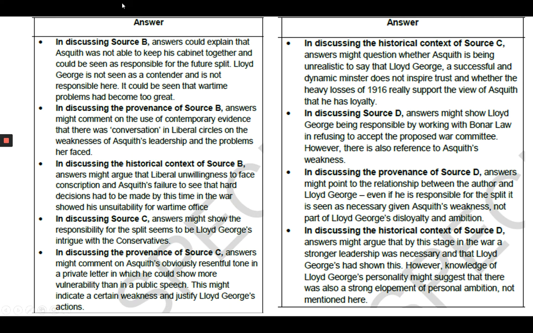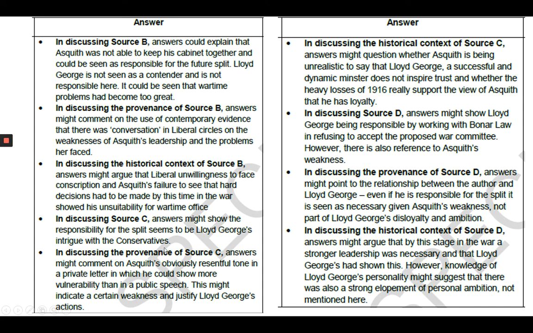Look at this. Okay. In discussing source B, and then some comments about the content, they could explain that Asquith was not able to keep his cabinet together and could be seen as responsible for the future split. Lloyd George is not seen as a contender and is not responsible here. Okay, but look what they say about provenance. In discussing the provenance of source B, answers might comment on the use of contemporary evidence, as there was a conversation in liberal circles on the weakness of Asquith's leadership.